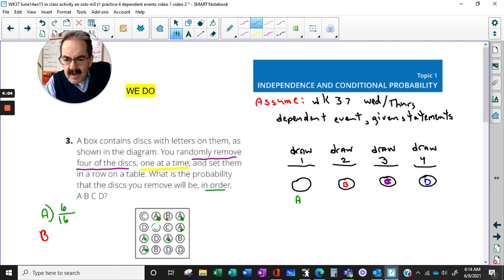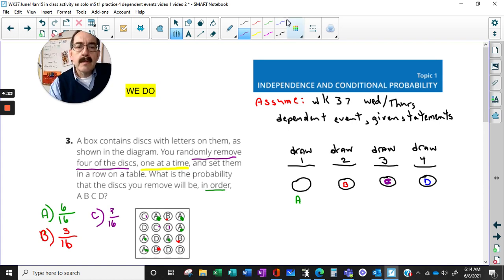B's: 1, 2, 3. 3 of the 16. How many C's are there? 1, 2, 3. 3 of 16. Cool. And the letter D. D: 1, 2, 3, 4.